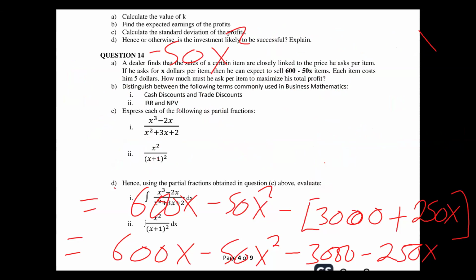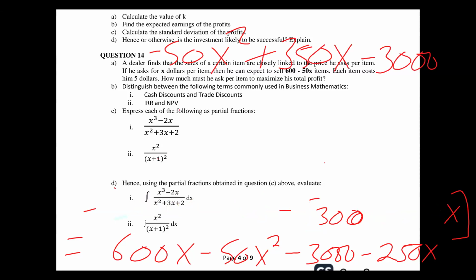It's 350, yes. 350x, right? Minus 3,000. Have you followed up to here? This is just basic simplification.